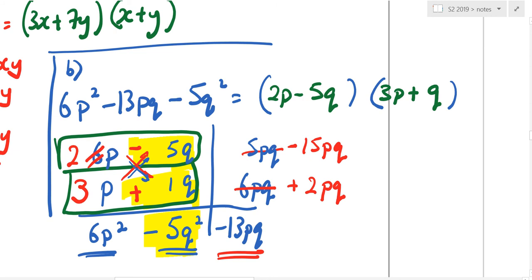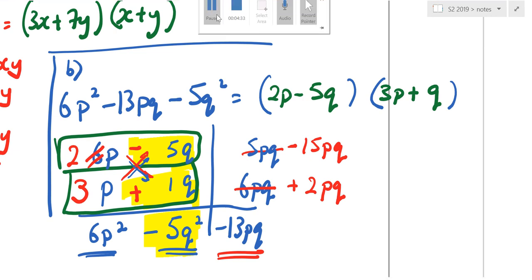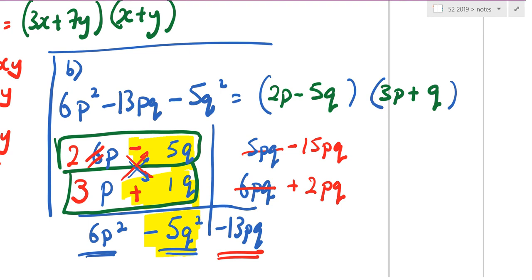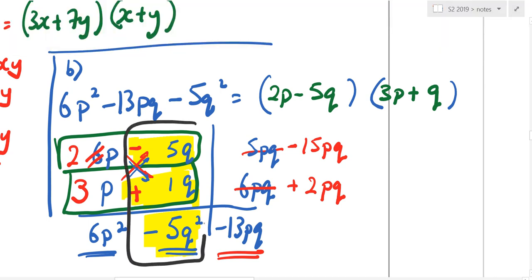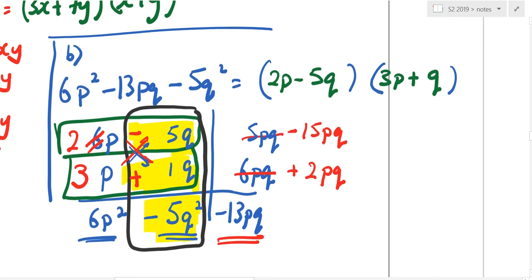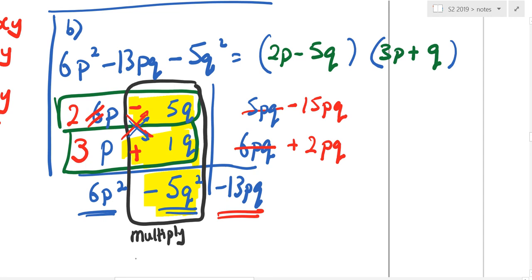Okay, can I pause the video here? When I do this column, is it a plus column? No, this is a multiply column. Multiply means what? I will ask myself minus 5q times plus 1q, and the product is minus 5q squared.